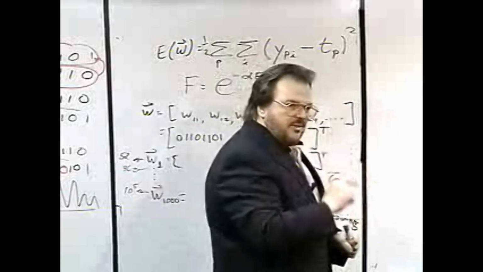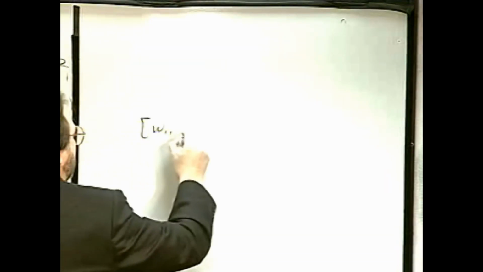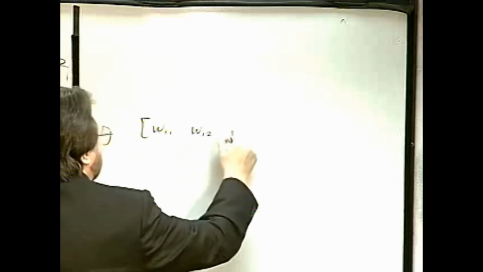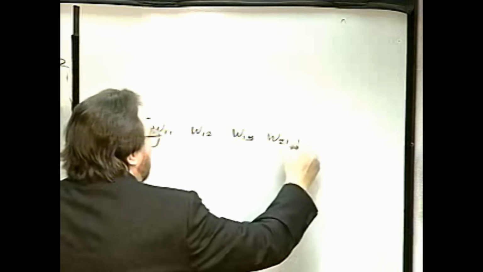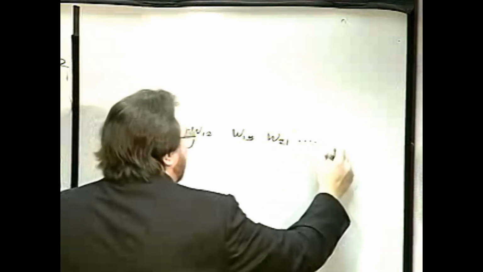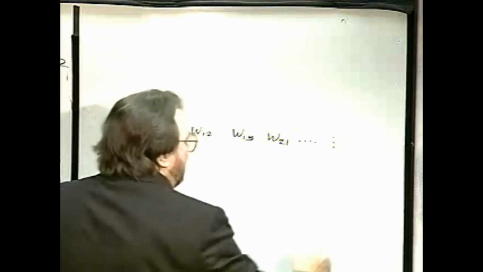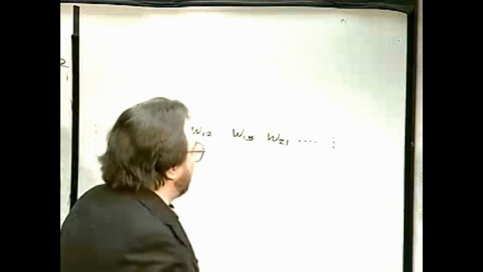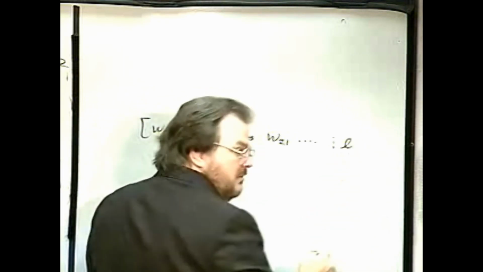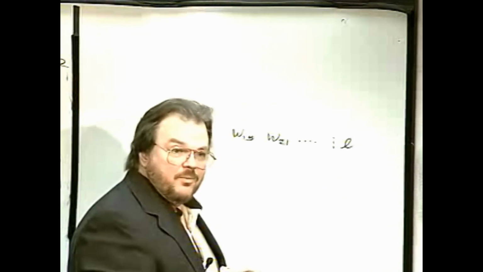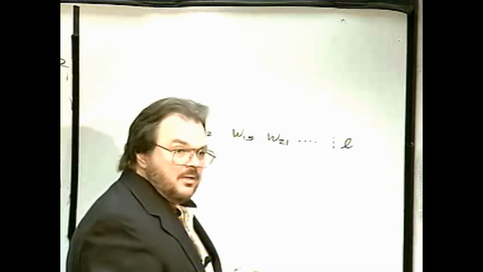But here's something which is really interesting if you did this. You know your weight vector, where you have weight 1,1, weight 1,2, weight 1,3, weight 2,1, out here. Okay, so we finish up the weight vector, right? Now what we're going to do is put in something else. We're going to put in the number of layers. Okay, can we do that? The number of layers.